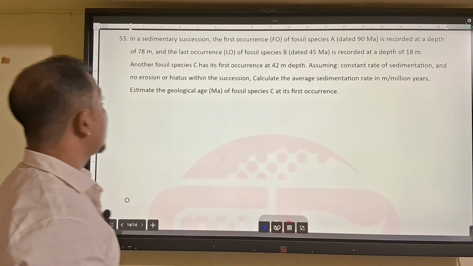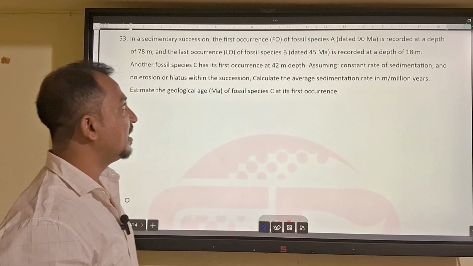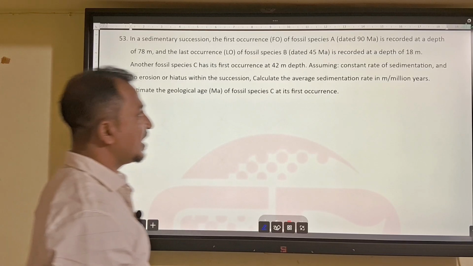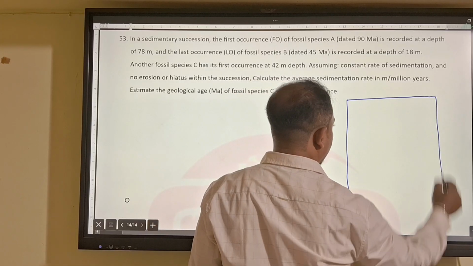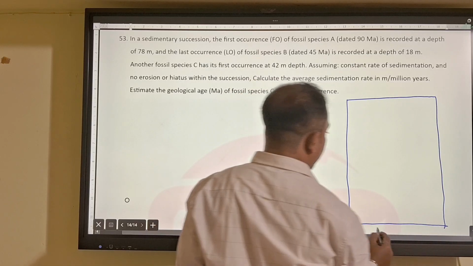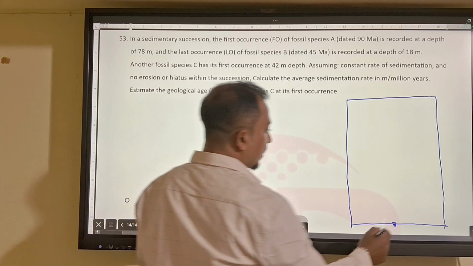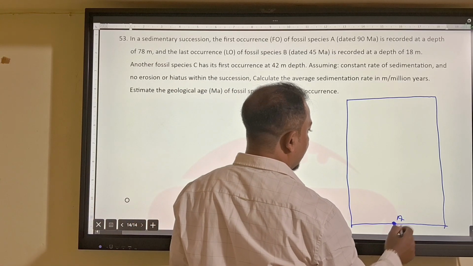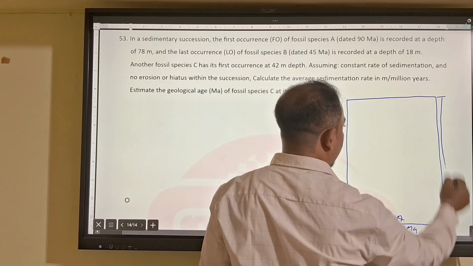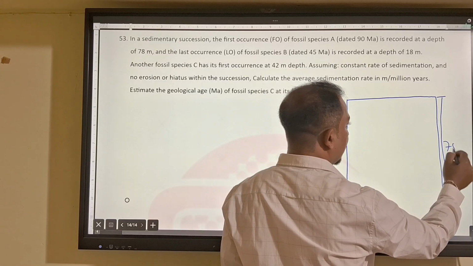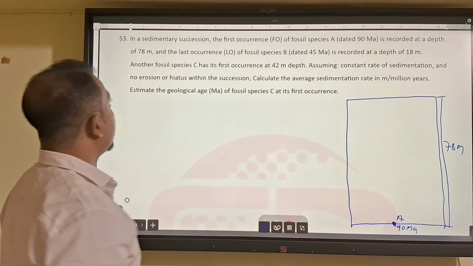Next, in a sedimentary succession, the last occurrence of fossil species A, dated 90 million years, is recorded at a depth of 78 meter. Suppose this is species A, which has an age of 90 million years and occurs at a depth of 78 meter.